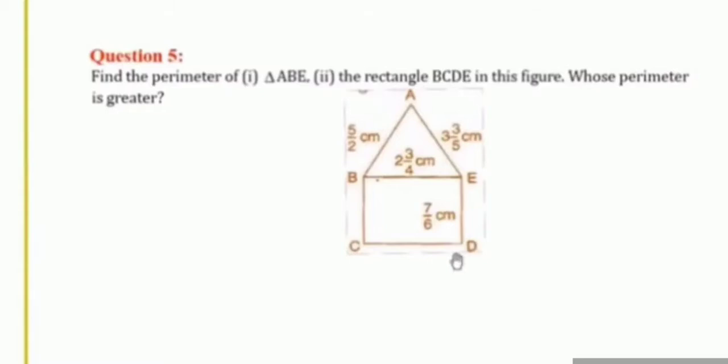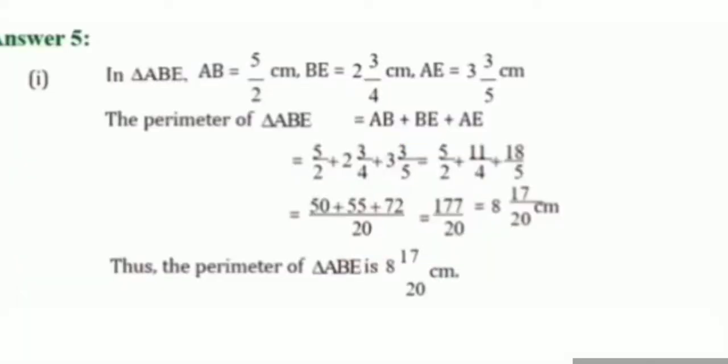So first we will find the perimeter of the triangle. So the formula is what? Sum of all the sides. Okay. So AB plus BE plus AE. Put the values. AB is 5 upon 2 centimeter. BE is 2 whole 3 upon 4 centimeter. And AE is 3 whole 3 upon 5 centimeter.